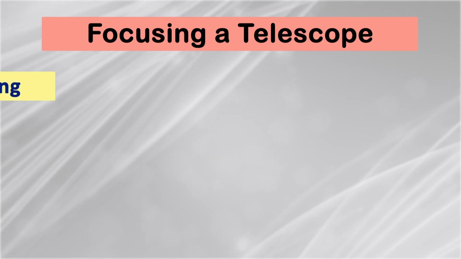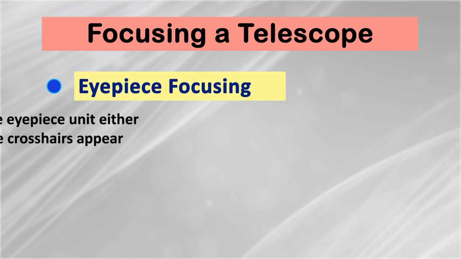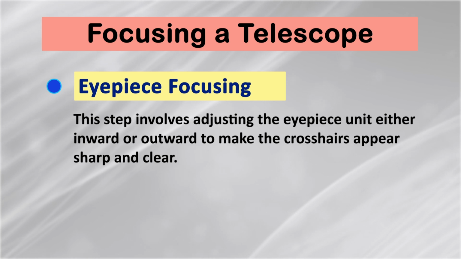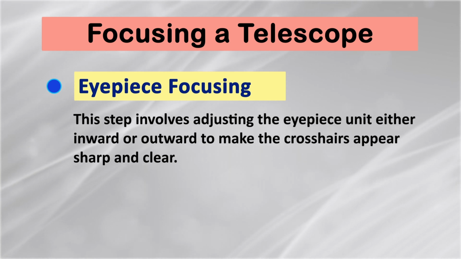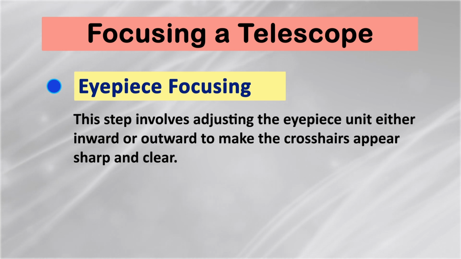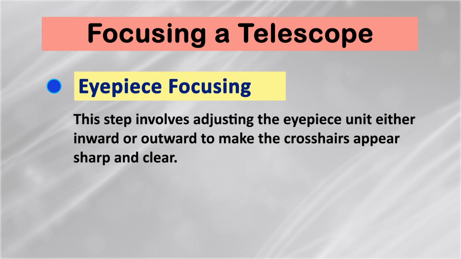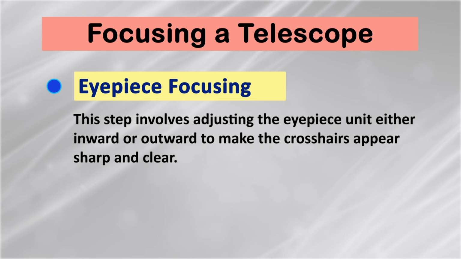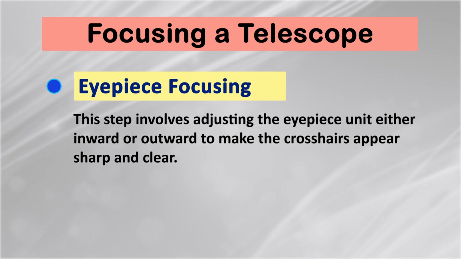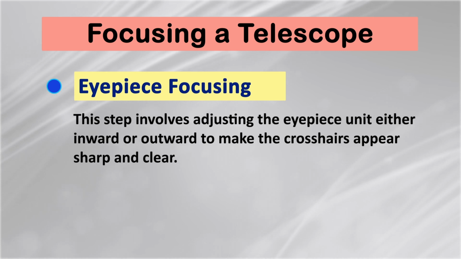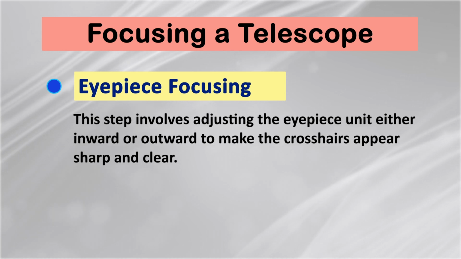In eyepiece focusing, this step involves adjusting the eyepiece unit either inward or outward to make the crosshairs appear sharp and clear. This adjustment brings the crosshair to the plane of distant vision and is dependent on the individual's eyesight.